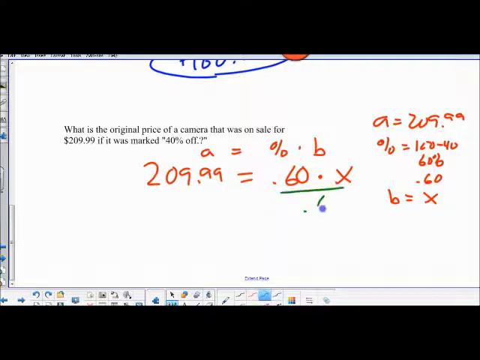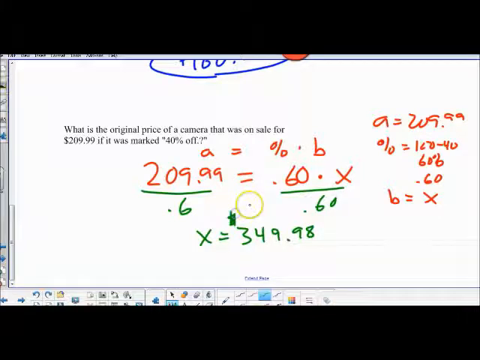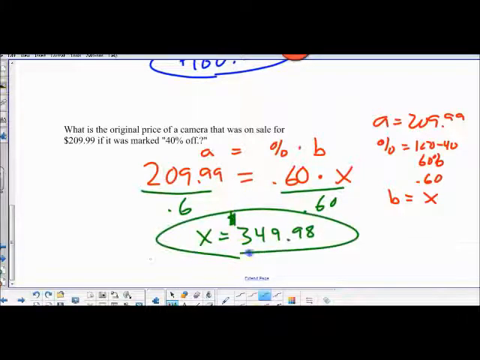Very simply, I'm going to divide by 0.60, 0.6. And that gives me 349.98. So that could have been my original price of the camera.